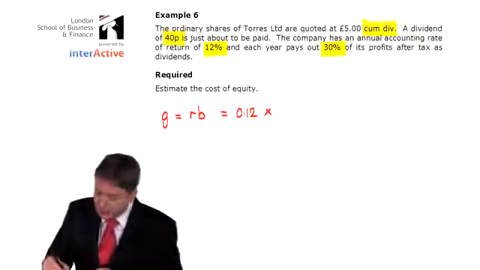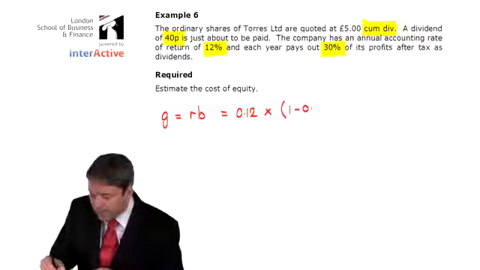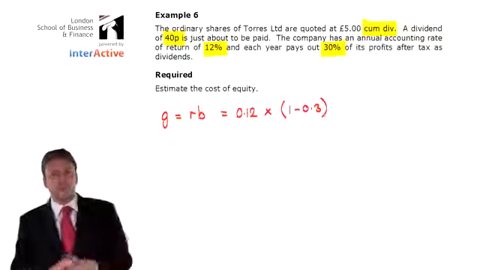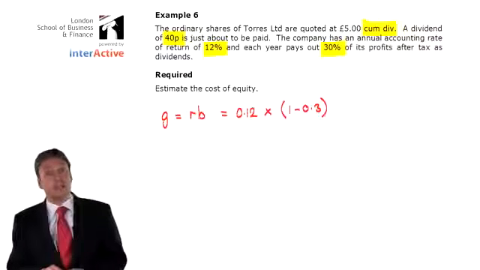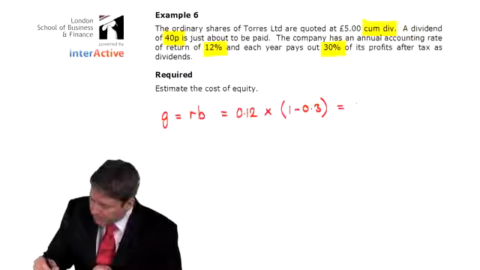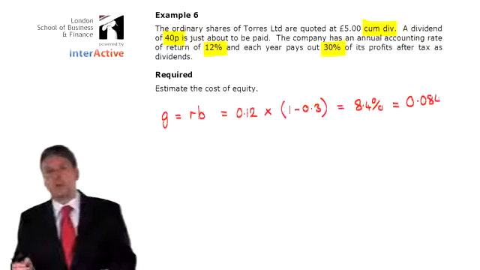The proportion retained will be 1 minus the payout. If 30% is paid out in the form of dividend, the other bit, in this case 70%, will be retained. So what we end up with is a growth rate of 8.4%. Or, if you want to, you could have written it 0.084. No problem with that.